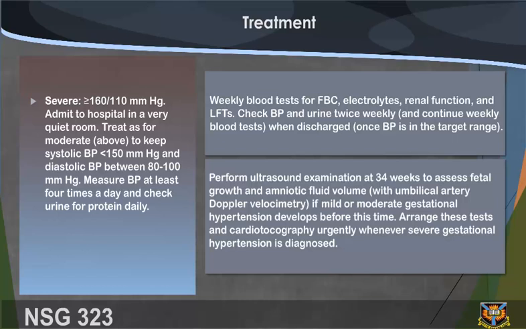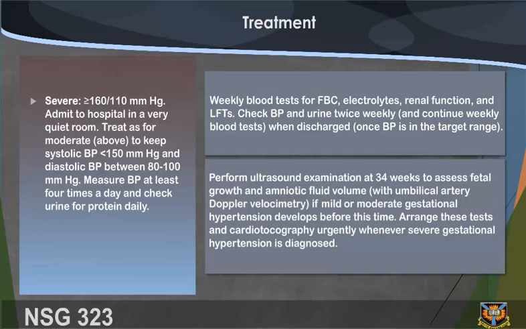Measure BP at least 4 times a day and check urine for protein daily. Weekly blood test for FBC, electrolytes, renal function, and LFTs. Check BP and urine twice weekly and continue weekly blood tests when discharged once BP is in the target range.